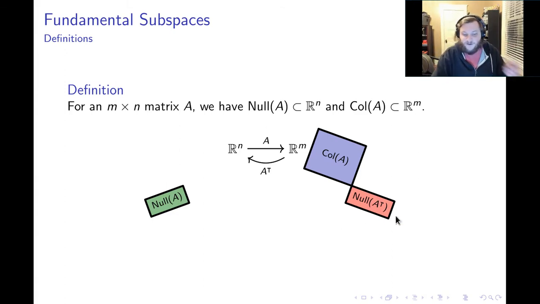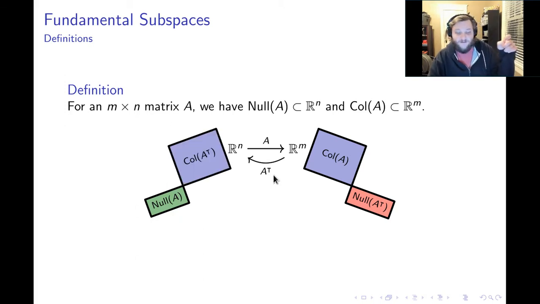So the null space of the transpose lives alongside the column space. And if the column space of our original matrix lived inside of R to the number of rows, the column space of the transpose should live inside of R to the number of columns. So the column space of the transpose of our matrix lives alongside the null space of our matrix.